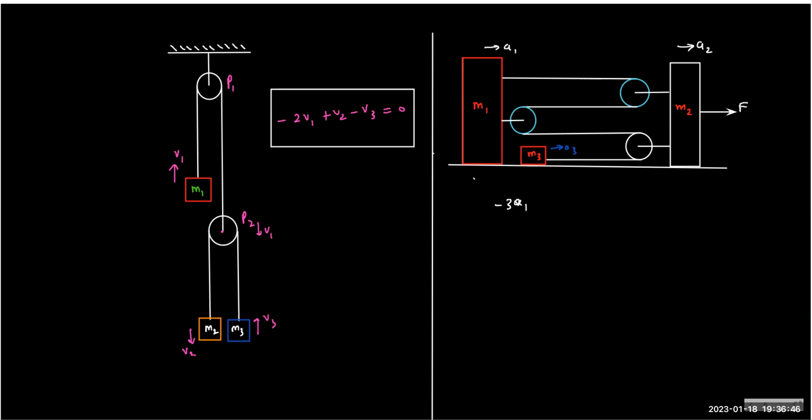We can't do it for the entire thing at once. But luckily in this question, we have only one piece of string. Do you realize this? So plus 4A2, and what about A3? Plus 2A3.